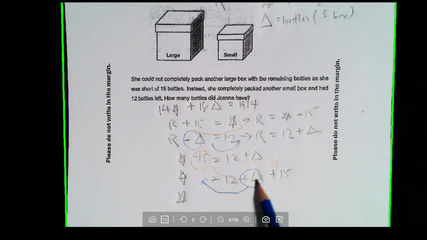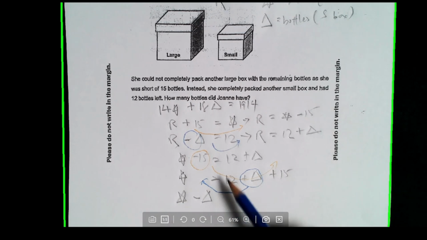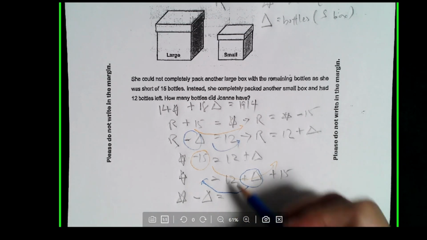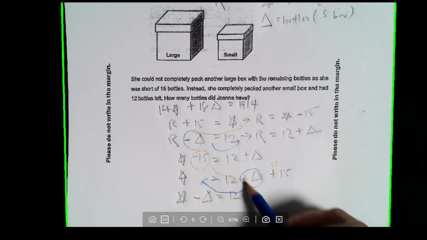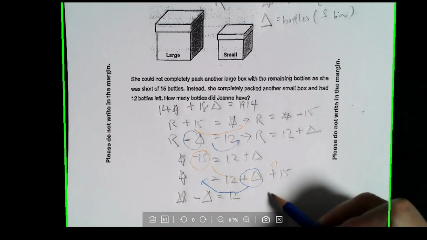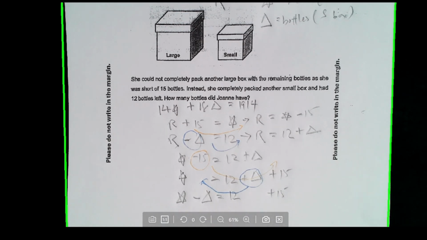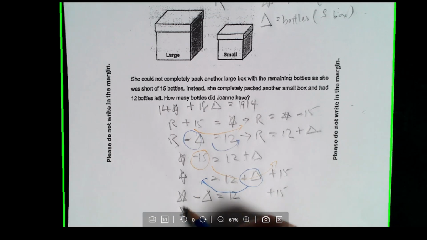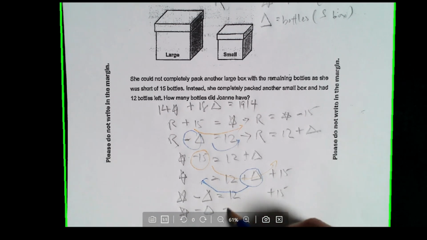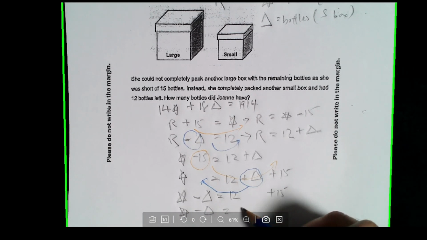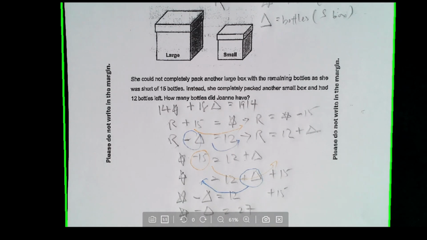You never jump with the sign behind. So triangle is going to jump with the sign in front. Plus, if you jump across an equal sign, it's going to become a minus. Minus triangle. Equals, just copy 12. This one already jumped over here. What's left? Plus 15. Simplify it further. Star minus triangle, just copy. 12 plus 15, 27. Aha!